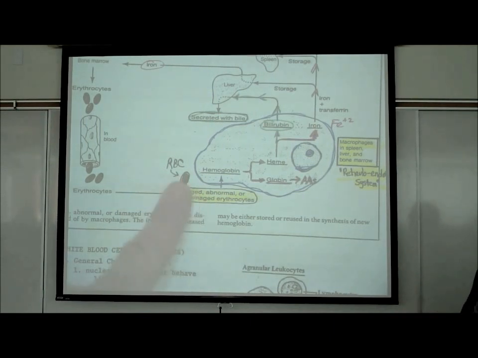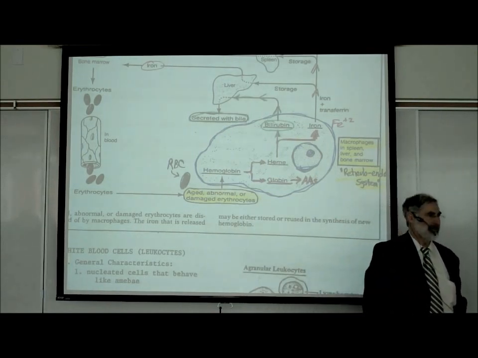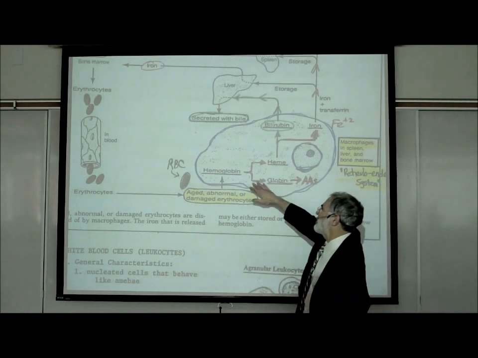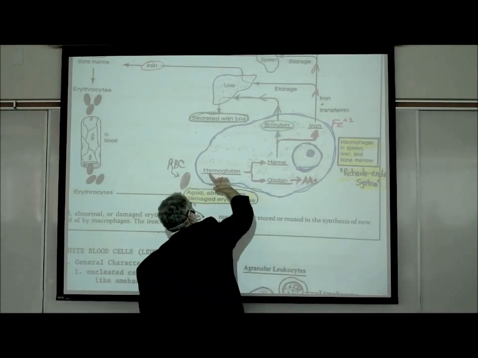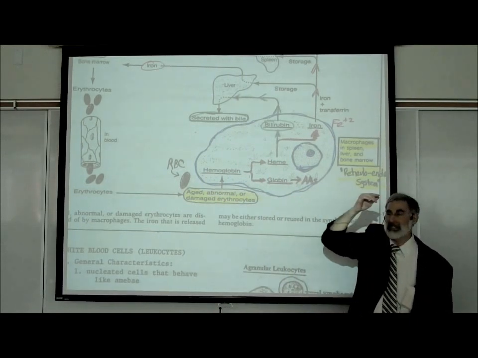What do they do? Now, the major chemical that's in a red blood cell is a reddish protein called hemoglobin. I actually talked about that when we were dealing with comparing myoglobin with hemoglobin. So hemoglobin is a reddish protein. So these macrophages swallow up these very small red blood cells.